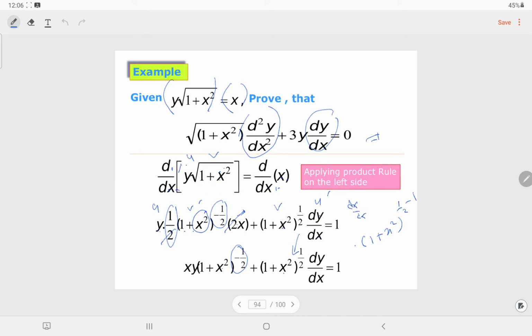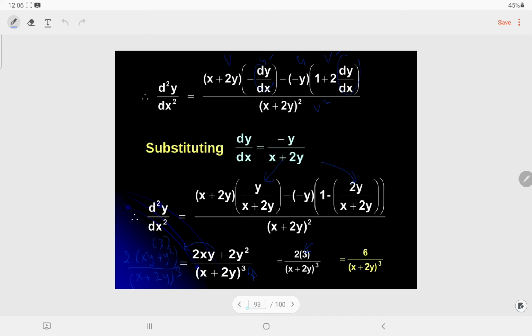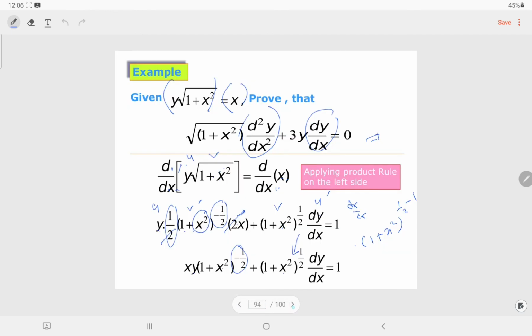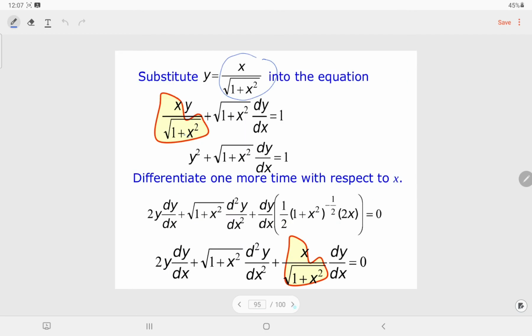Sorry. Okay, we have here y equal to x over square root of 1 plus x squared. So that's why here we have like this. You need to substitute here, so we get y squared plus square root of 1 plus x squared dy over dx equal to 1.